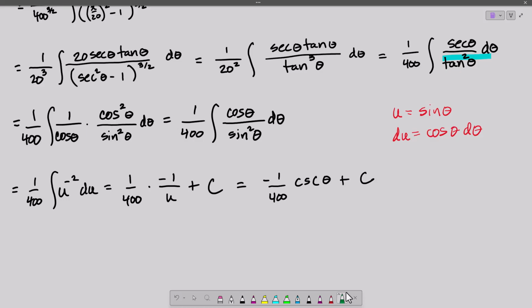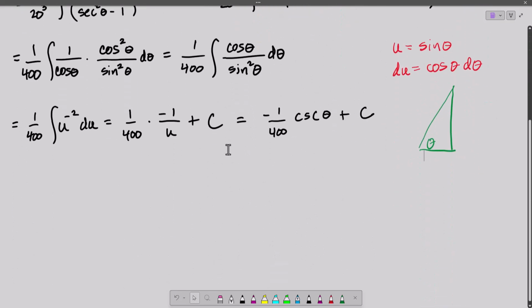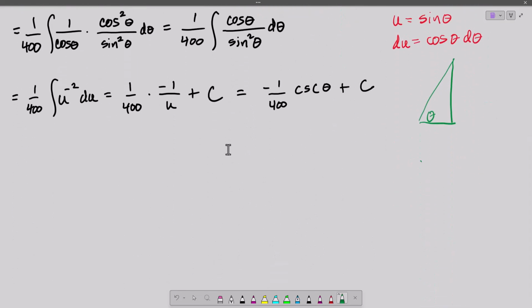And to do that, we use our special triangle technique. There's our triangle. And we are going to go back up to our original substitution. And let's see, secant was x over 20. Secant of theta is x divided by 20. So hypotenuse over adjacent, that's secant, hypotenuse over adjacent.